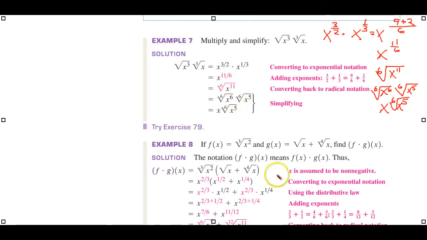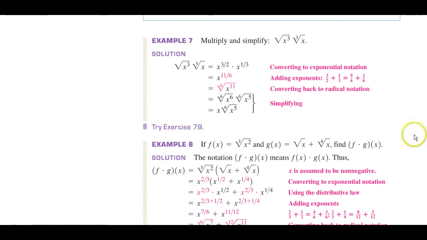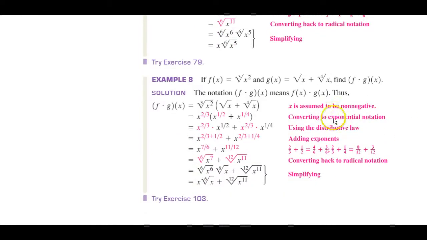Now in this next one, they're just showing you function notation, which they will say multiply the f function by the g function, which is what they have illustrated here. And again, since they are not with the same index number, we had to convert this one to its fractional form.